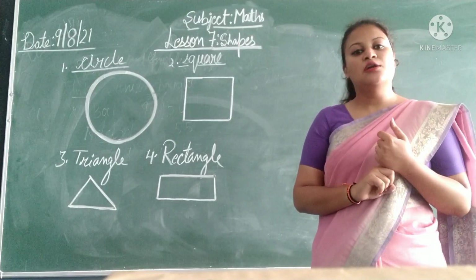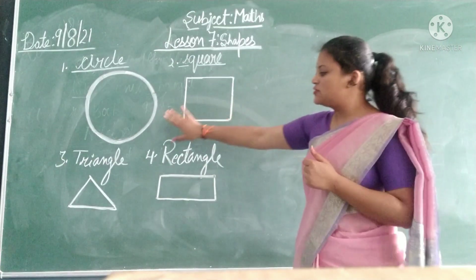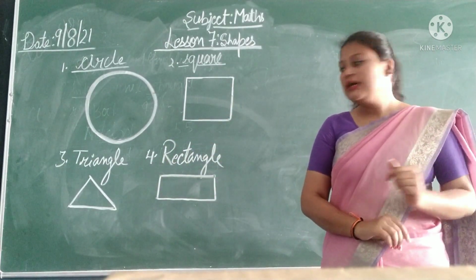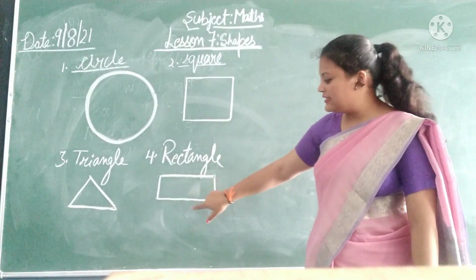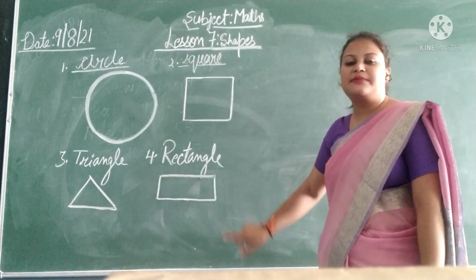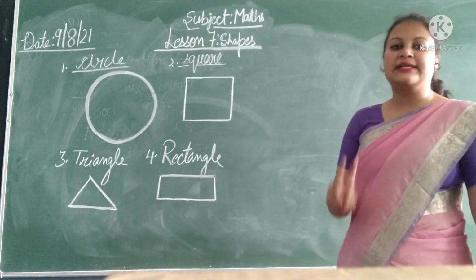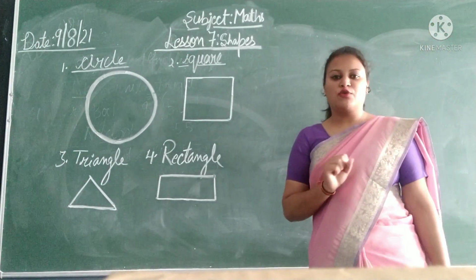But these kinds of shapes do not have height. They have length and breadth. You can see here in the rectangle, it has length and this is its breadth. So in 2D shapes we have area, but in 3D shapes we have volume.